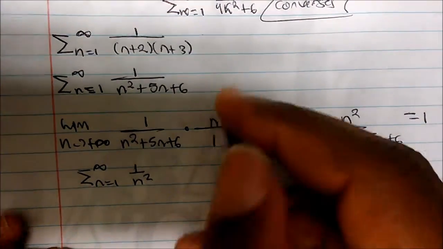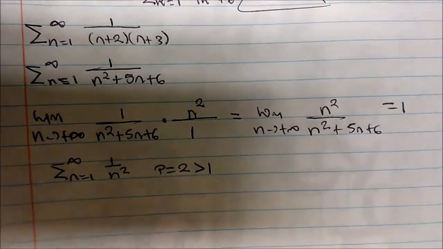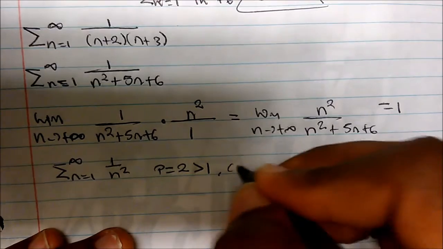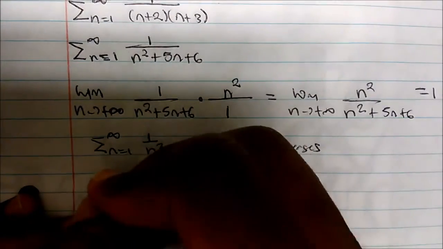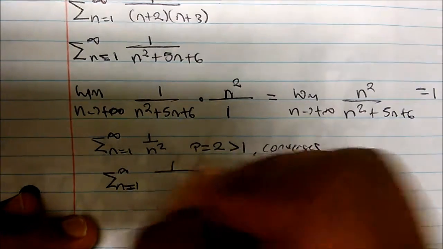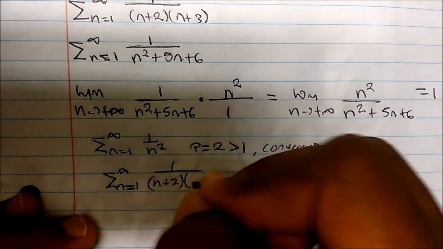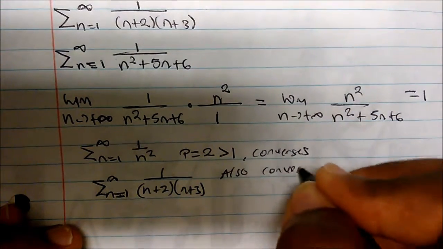And again, you could see that this is a p-series where p is equal to 2, and that is strictly greater than 1. So therefore, this converges. And so if this converges, therefore we can conclude that the series from n equals 1 to positive infinity of 1 over n plus 2 times n plus 3 also converges.